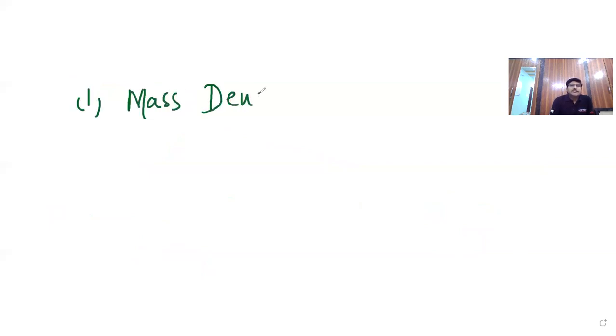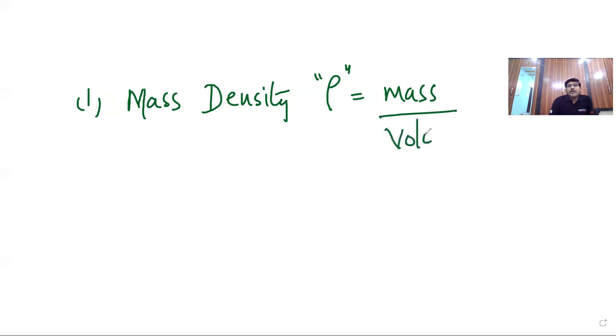Mass density is rho, which is given as the mass of the given substance by the volume occupied by the given substance. Observe carefully. Mass density rho is simply defined as the mass of the given substance to the volume occupied by the given substance.